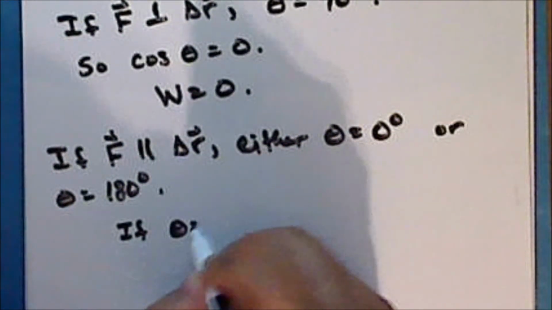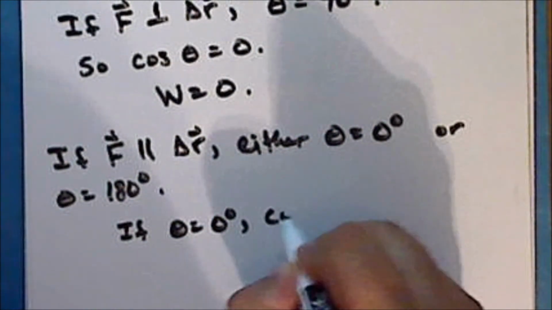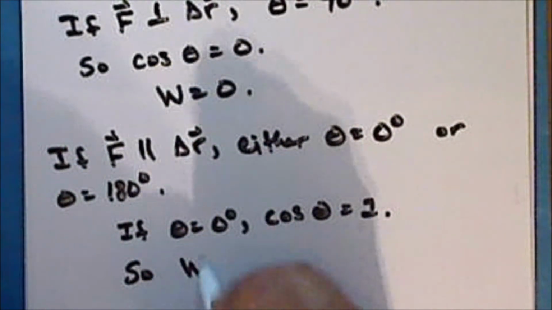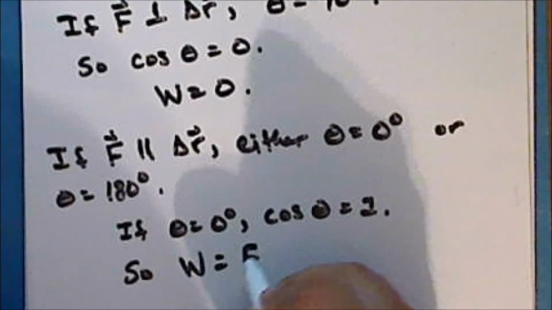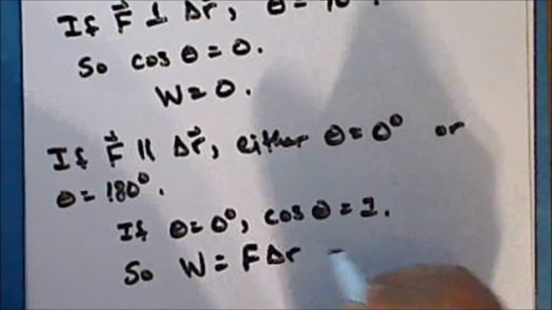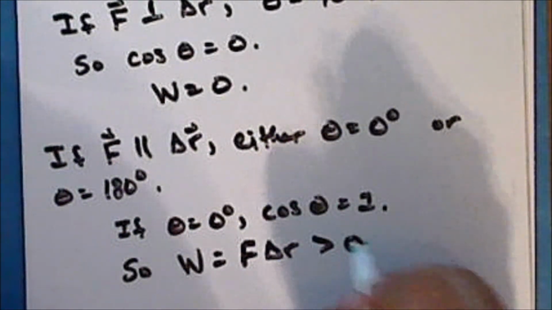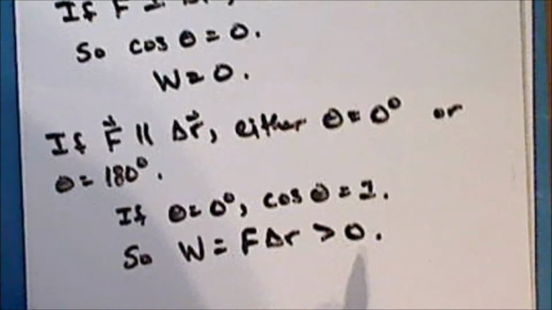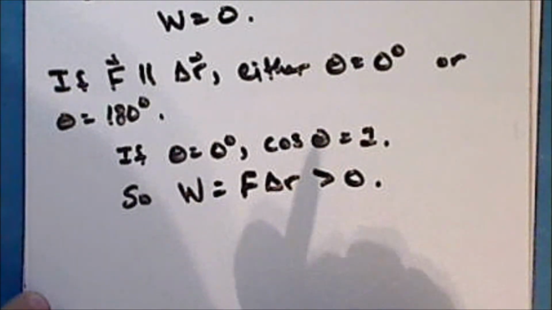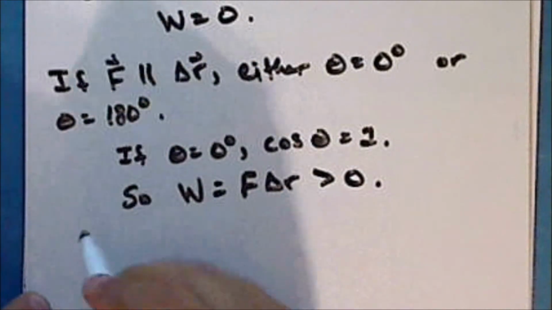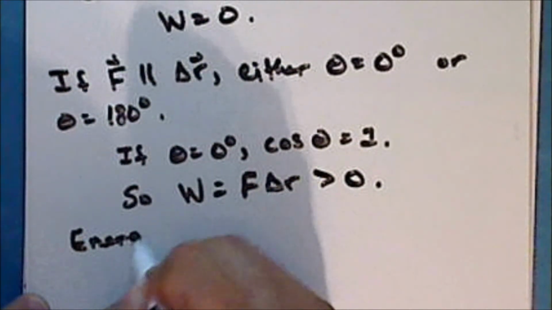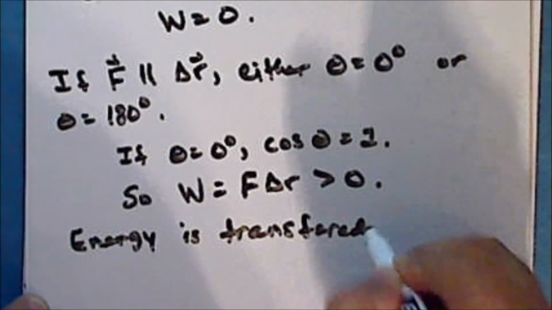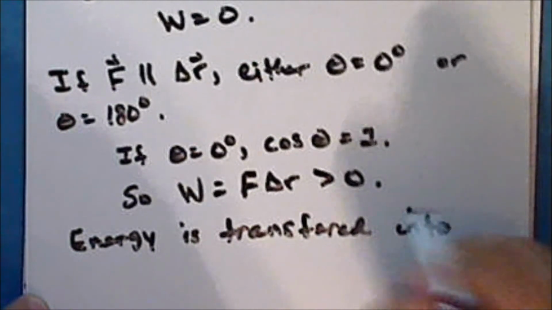If the angle theta is 0 degrees, then cosine of theta is equal to 1, and so the work is equal to the magnitude of the force times the magnitude of the displacement, which is a positive value. That is, positive work is done to the system. And recall that work is a transfer of energy, and so this means that energy is transferred to or into the system.